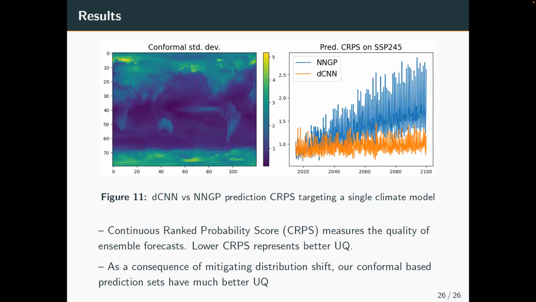So what's nice about this approach is that, one, this is automatically going to give us spatially varying uncertainty quantification. Because if those residual fields don't vary too much in the validation set, then the residual is going to tend to be quite small, because it's going to do a good job predicting there. And for high variability regions, it's going to have much more spread.